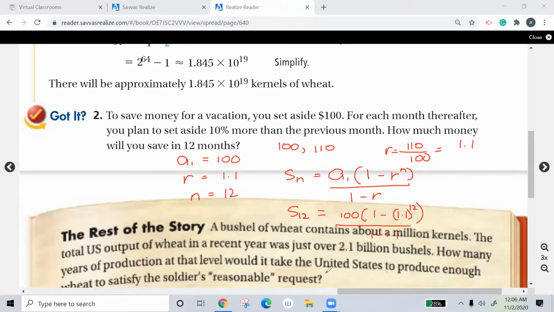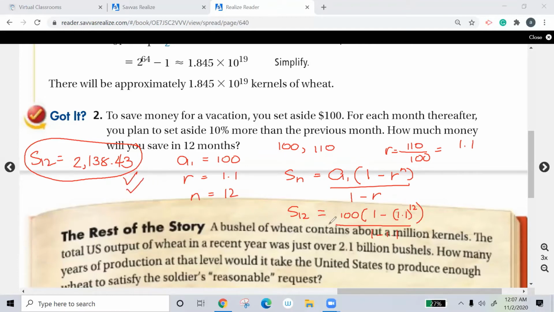Okay, next. To simplify this, S sub 12 is equal to what number? So we have 2,138.43. The sum of 12 terms is 2,138.43. That's the answer to Got It number 2.